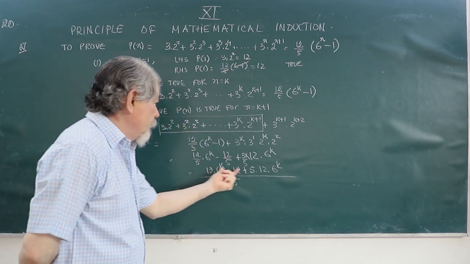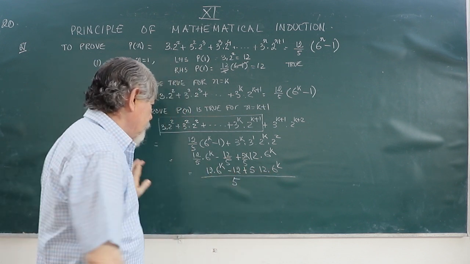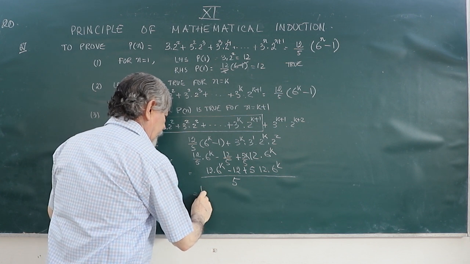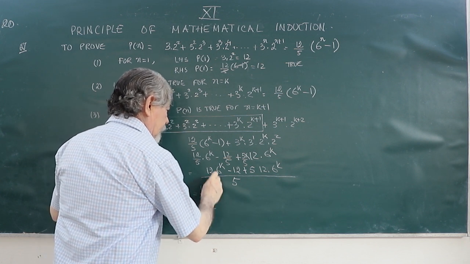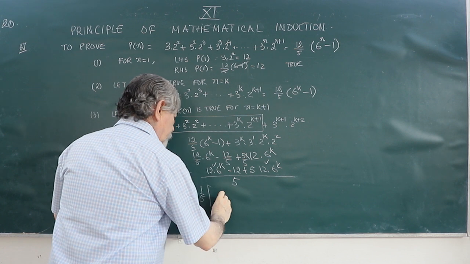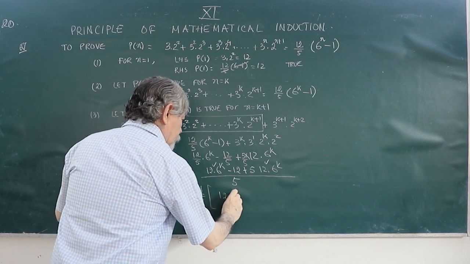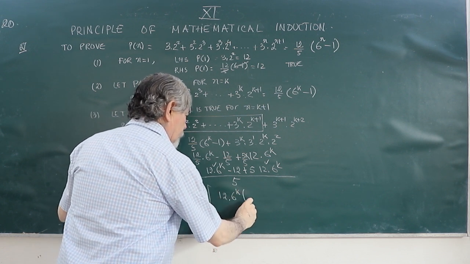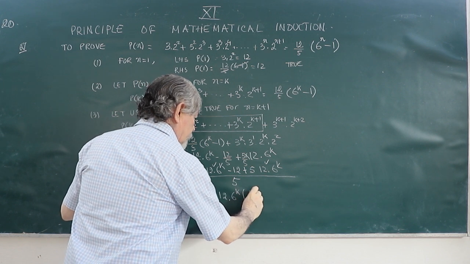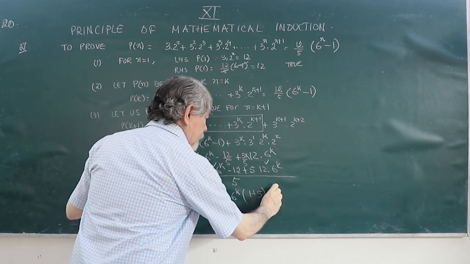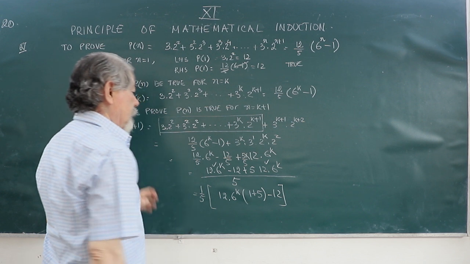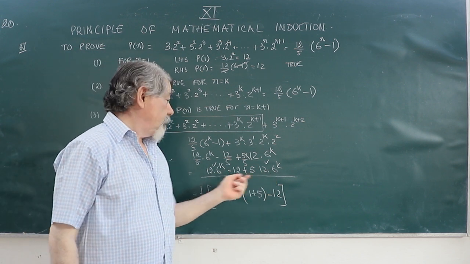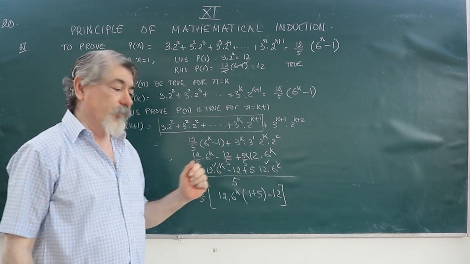Now in these two terms, 1 upon 5 you write separately. In this term and this term, 12 into 6 to the power k is common. 1 plus 5 will be there, minus 12. In these two terms I have taken 12, 6 to the power k common.